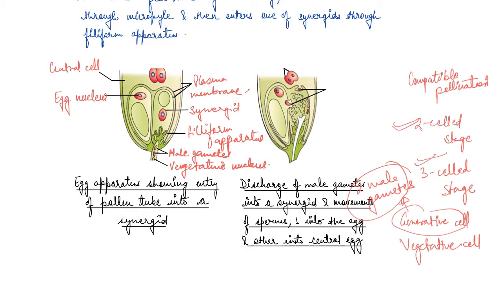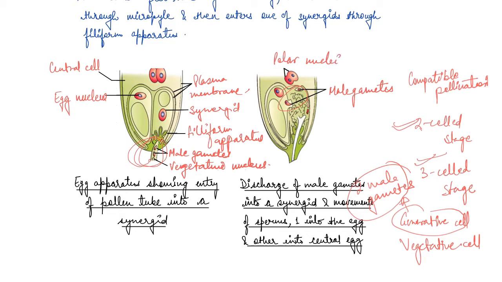Okay. Now this is an egg apparatus which is showing entry of pollen tube into a synergid. And this is the discharge of male gametes into the synergid. So these are the male gametes. These are the polar nuclei.